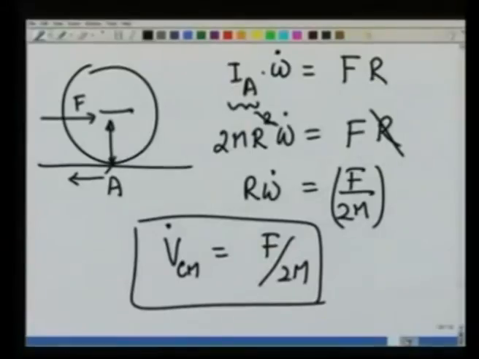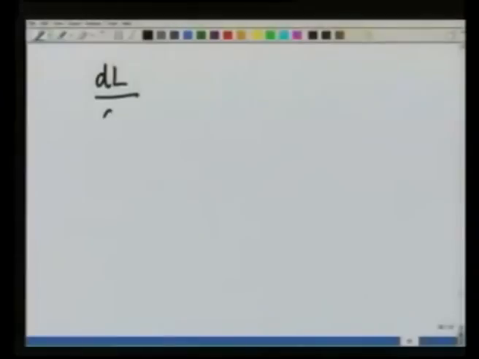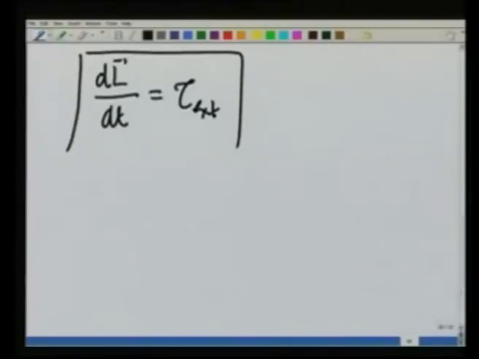So, this is another example of how the combination of translational and rotational motion can be solved. What we have done in this lecture so far is consider various applications of the equation dL over dt equals tau external, in those problems where the axis of rotation remains fixed or it translates parallel to itself.